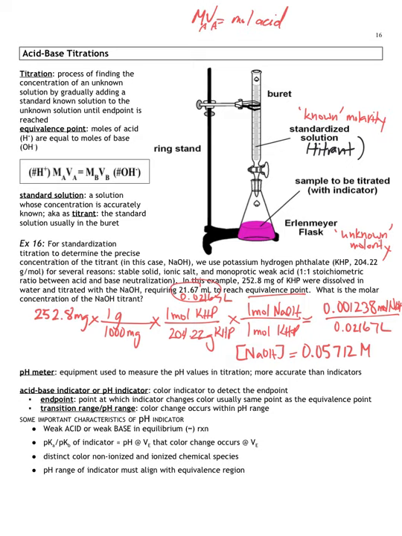So this is how you go about standardizing and calculating for the solution. It's a very easy calculation. You're using a very stable monoprotic acid to titrate it with NaOH, and that will give you the concentration of NaOH that you know. So it's your known concentration. And I'll put that in parentheses, that this is your known concentration.